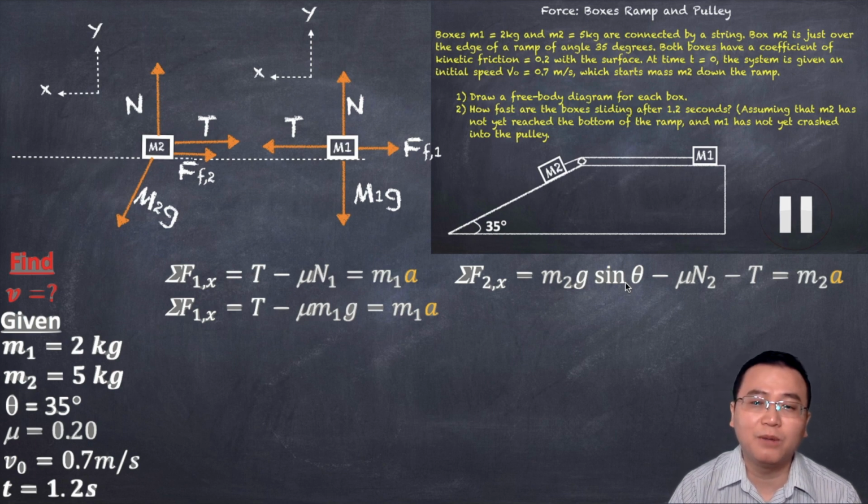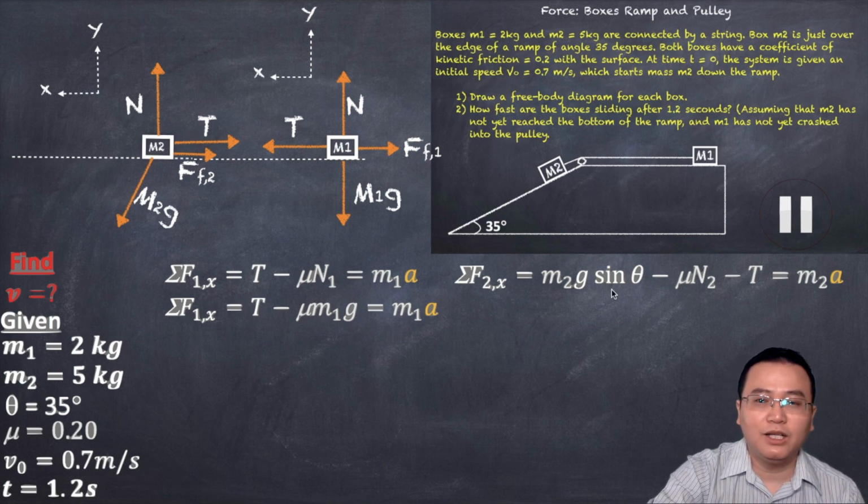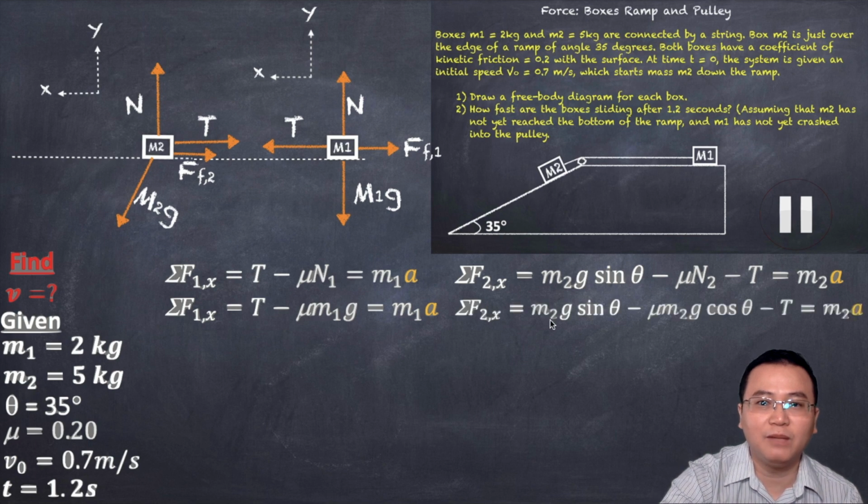You could watch how I come up with that. But if you don't want to deal with all that mathematics, then just remember that the force down the incline is m2g sine angle. All right, so moving on, we have m2g sine angle, mu, the normal force. Again, the normal force here is not the same as for m1.